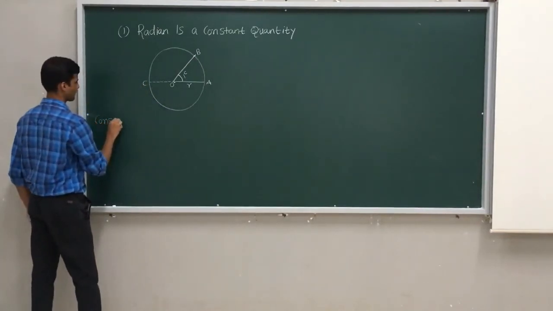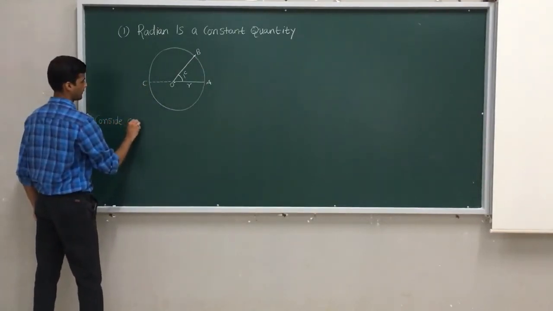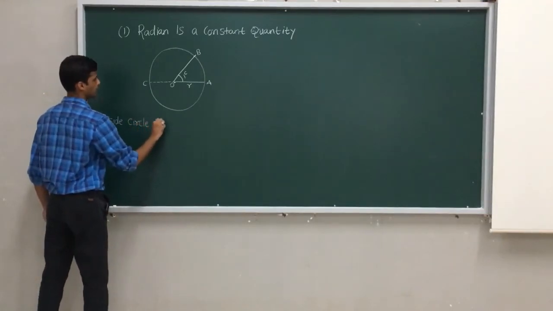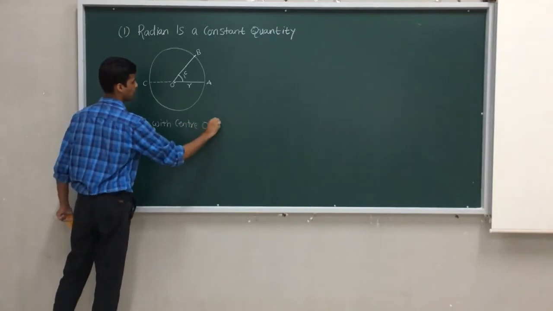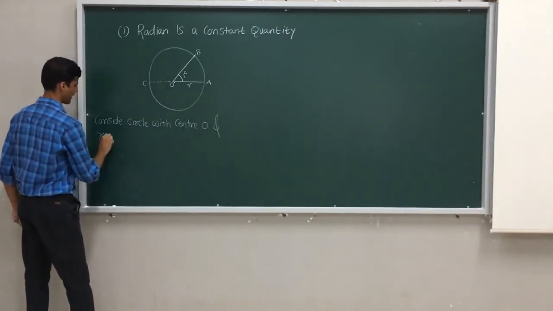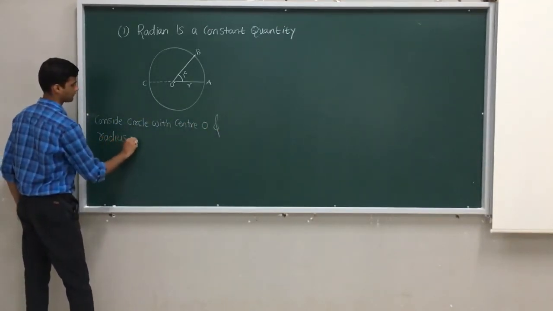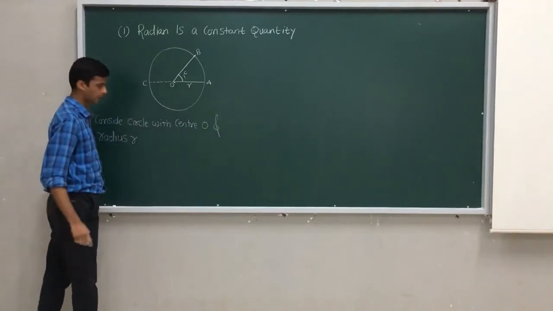Consider a circle with center O and radius R. Okay.